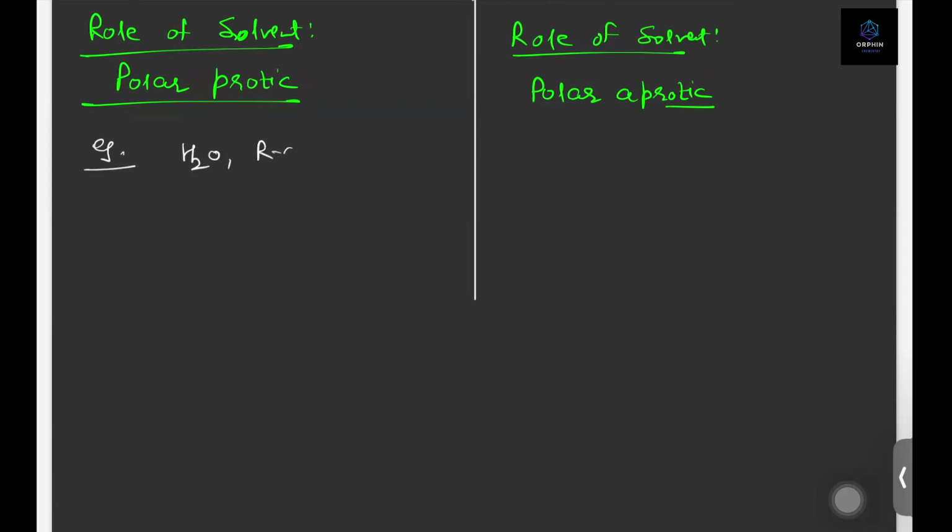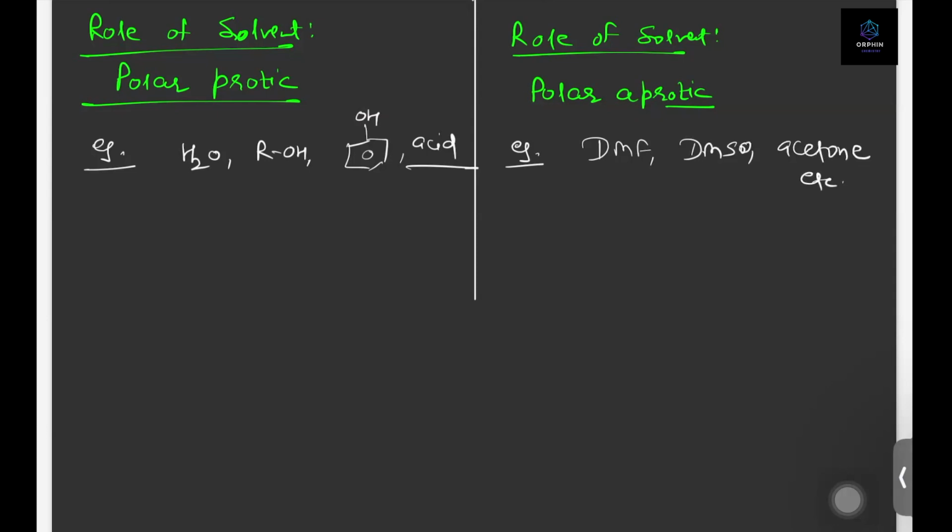Like water, alcohol, phenol, acid. So these are polar protic solvents. If we talk about polar aprotic solvents, the examples we have are DMF, DMSO, acetone. These examples are all important.